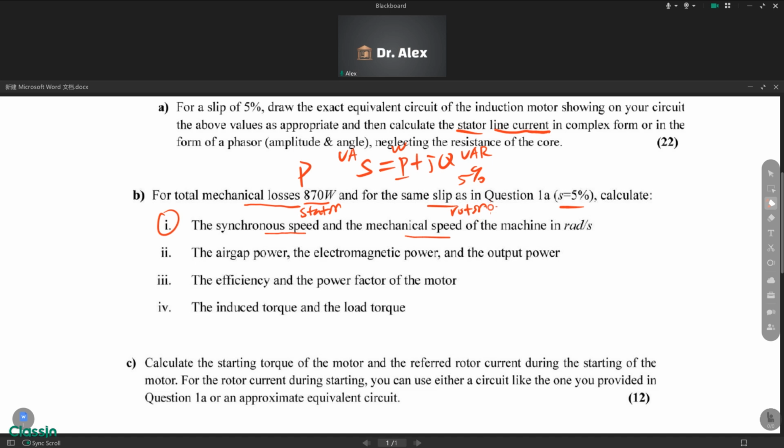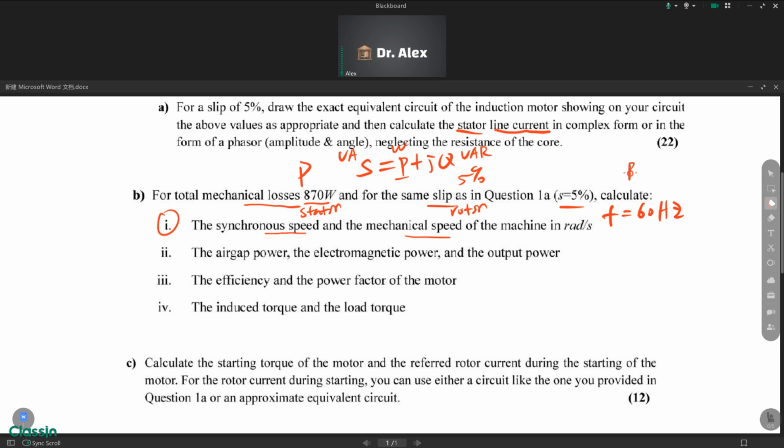We know for an induction motor, the speed of the stator comes from the AC voltage. So we can calculate the synchronous speed like this, because we know the frequency of the power source is 60 Hertz, which means in a single second, it will have 60 cycles.